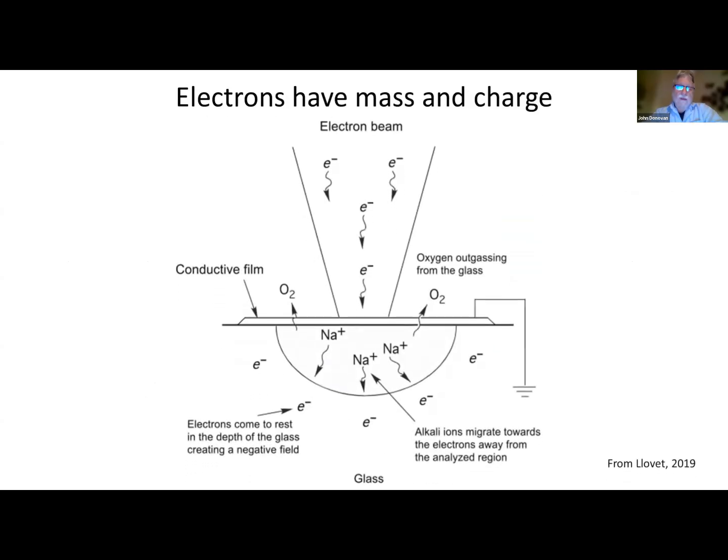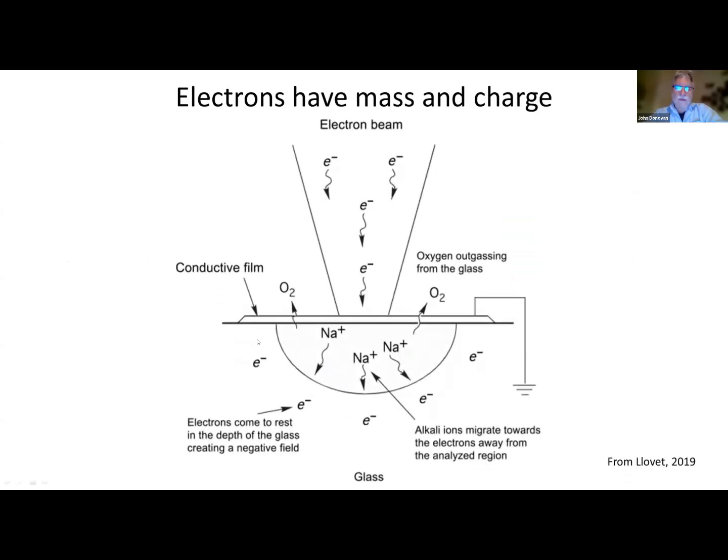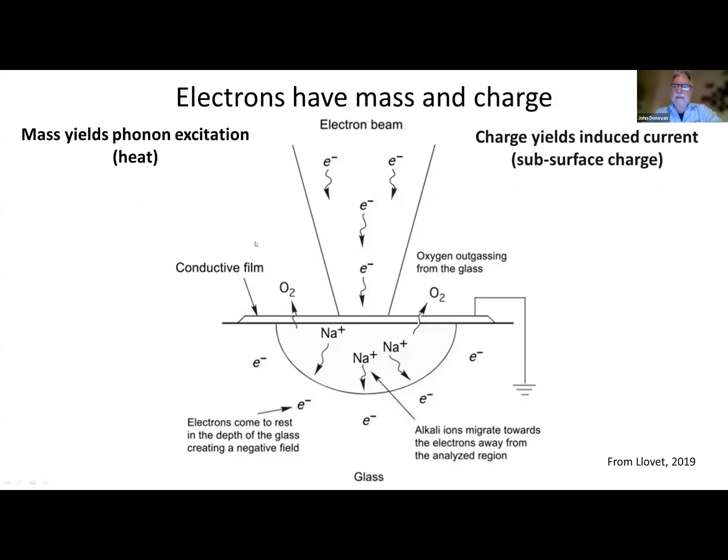So basically, we have an electron beam coming into the sample, and it deposits electrons into the material. And because electrons have both mass and charge, the mass will excite the structure and create heat, and the charge of the electron will create a subsurface charge. And that depends then on whether some of these ions that are created are mobilized or not.